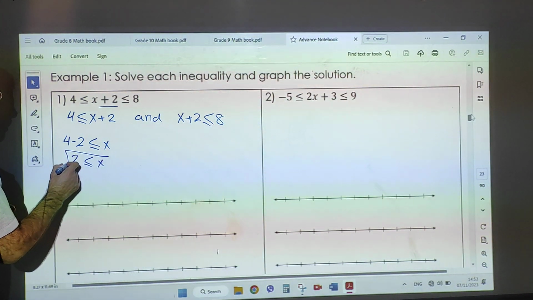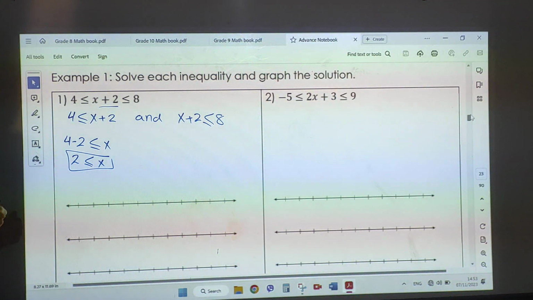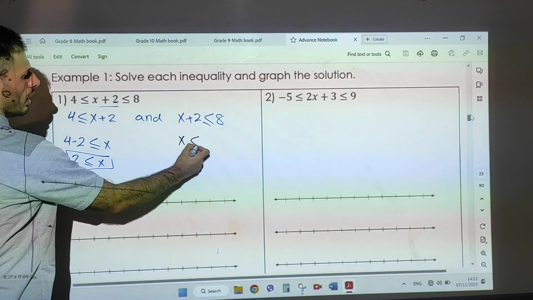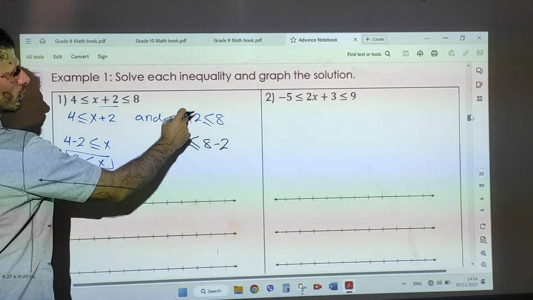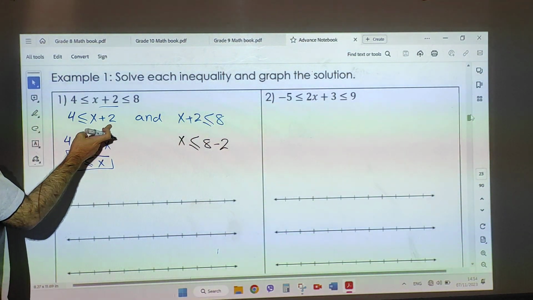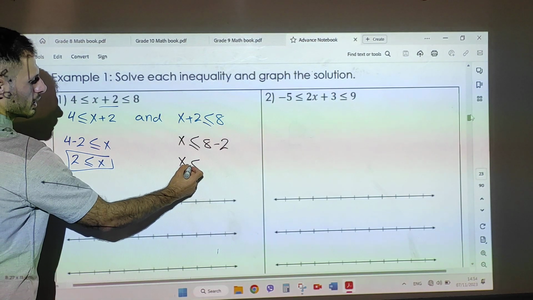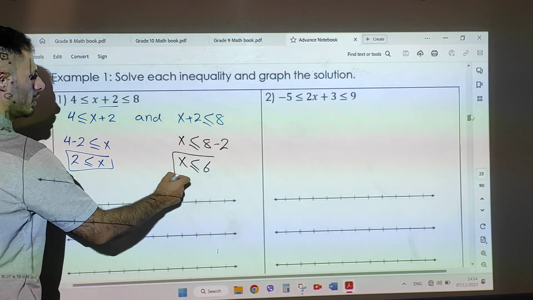Done for the first part. The other part: x is less than or equal to 8 minus 2. We just moved plus 2 to the other side, the same as we moved it in the first part. x is less than or equal to 6, and this is the second part.